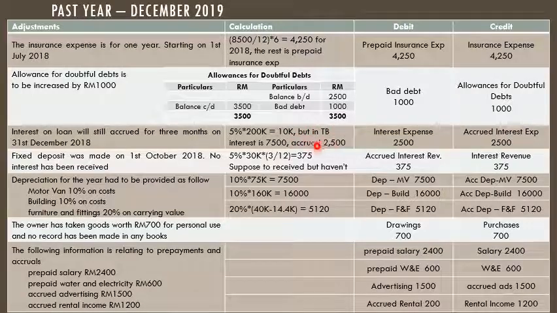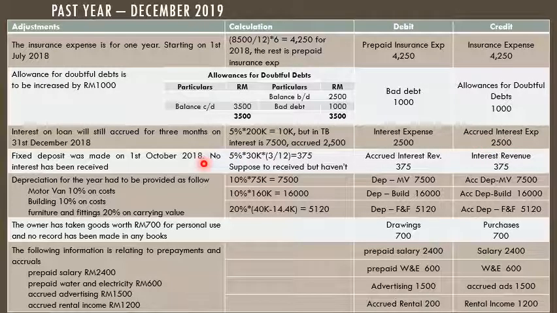Tetapi dalam trial balance, kita cuma baru bayar RM7,500. So, kita masih lagi berhutang RM2,500. So, accrued interest expense is a liability. So, it should be on the credit side. So, debit interest expense, kreditkan accrued interest expense.